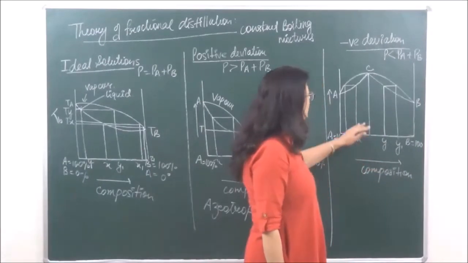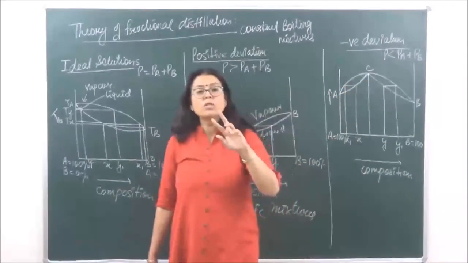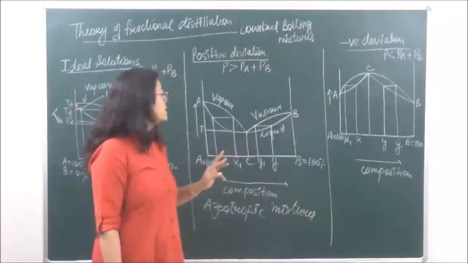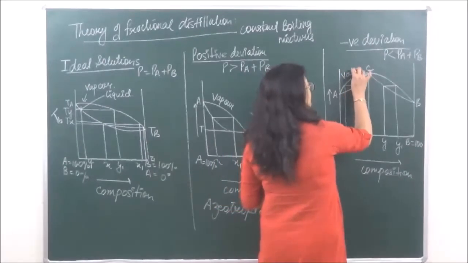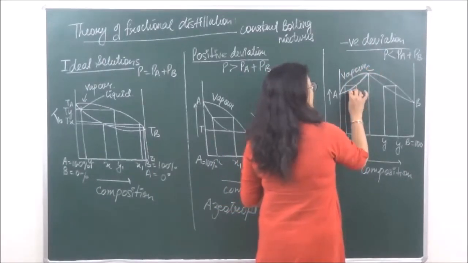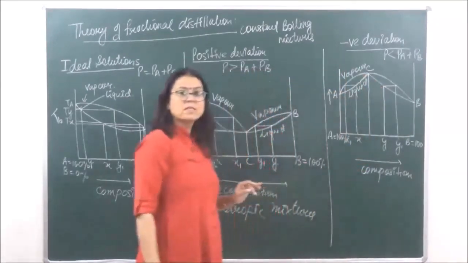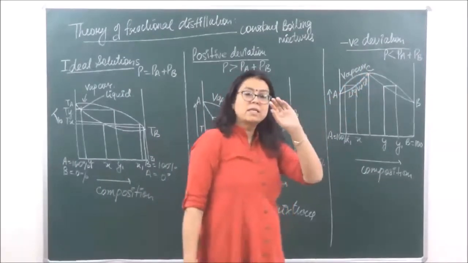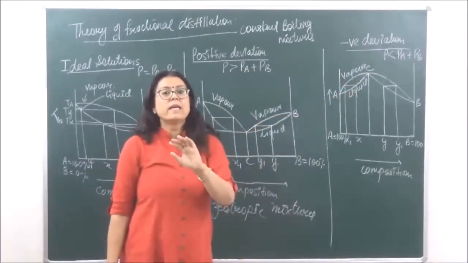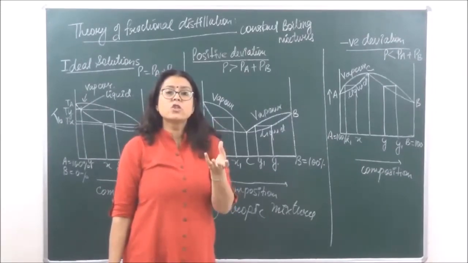But on further heating, we get a point C where both the vapor and the liquid phase are going to coexist. The vapor phase is this and the liquid phase is this, right? So at point C, the distillate which we have is neither pure A nor pure B. It is a mixture of both.